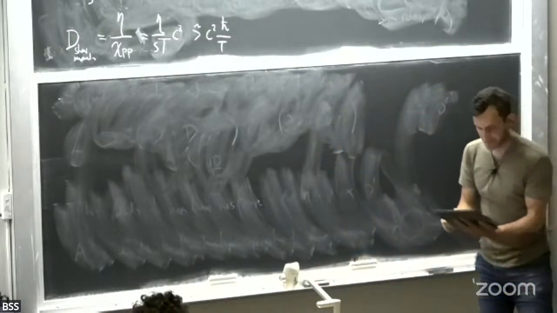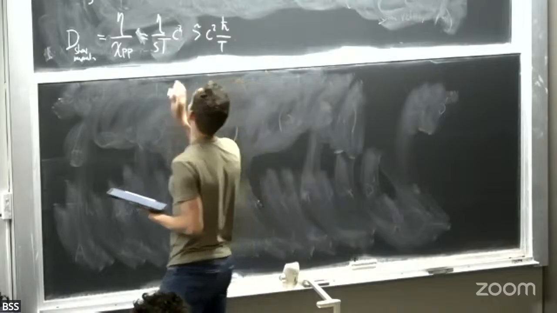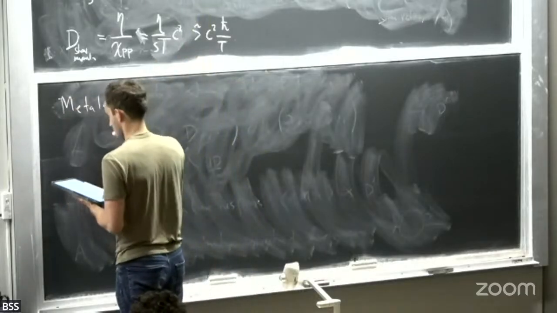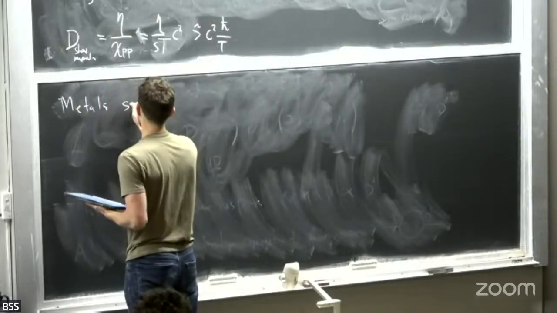What's appealing about this bound is that metals saturating such a bound with the Fermi velocity have T-linear resistivity.